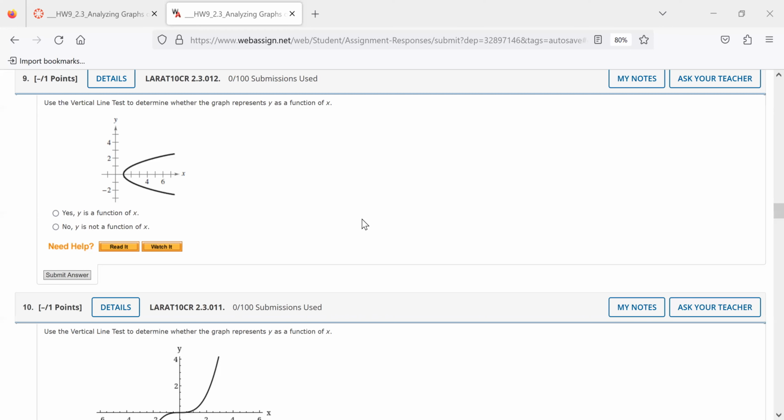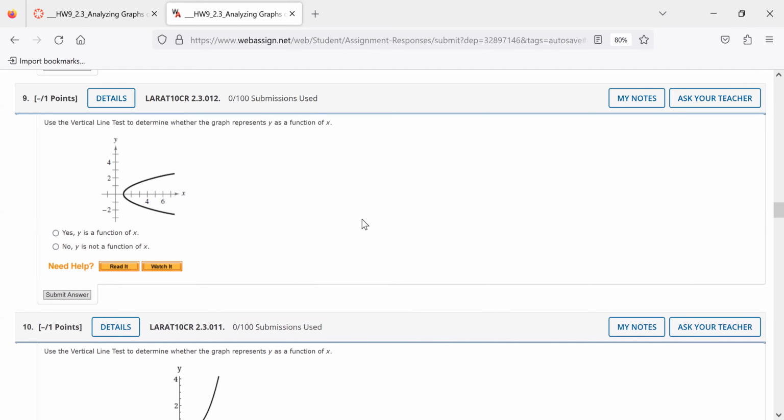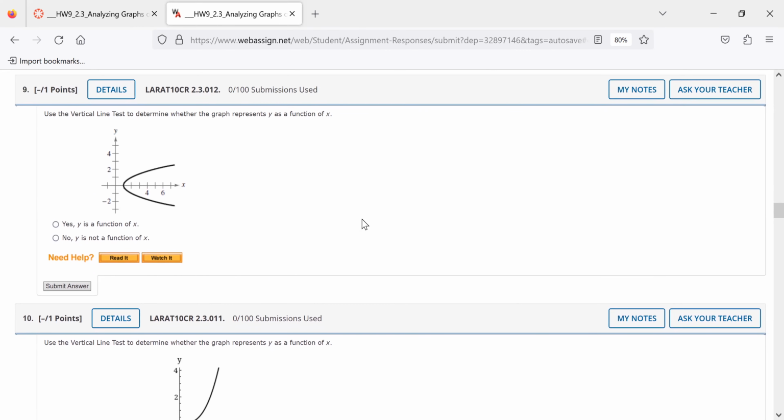Alrighty, let's move on to the vertical line test. Number 9, does it pass the vertical line test? No, right? No matter where you draw the line, it's going to hit twice.